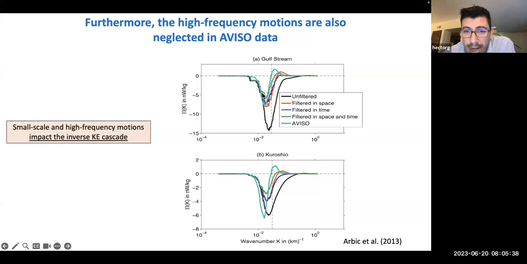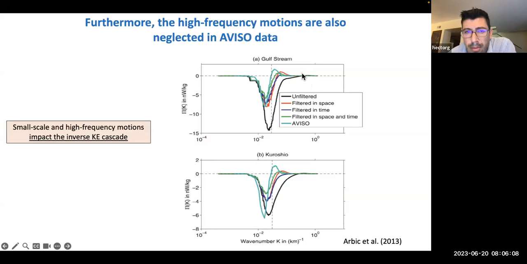The black line is the flux computed from the numerical simulation without any spatial or temporal filter. And as you can see, there is this huge inverse kinetic energy cascade, and also the direct cascade, but now the inflection point, the injection scale, is not at 150 kilometers; it is put at higher wavenumbers.